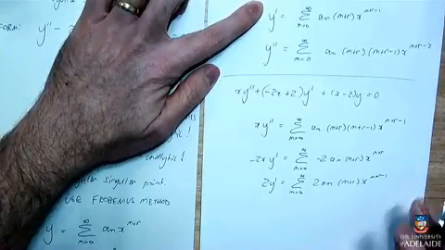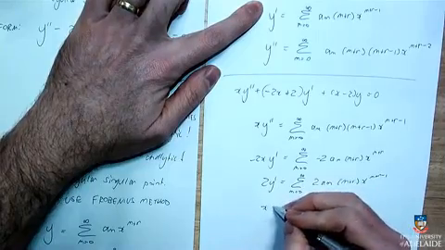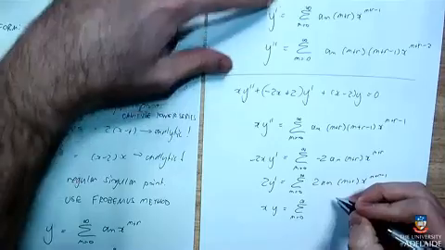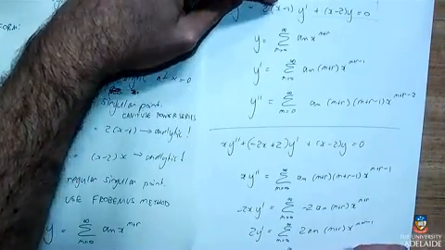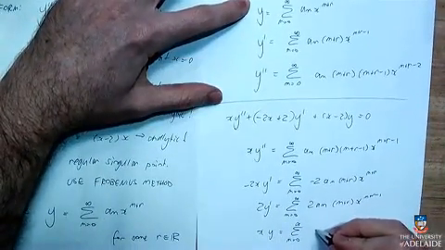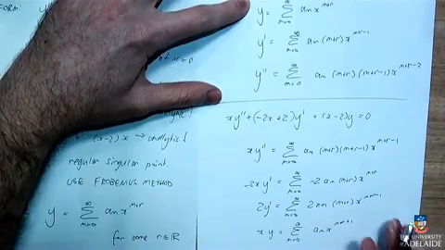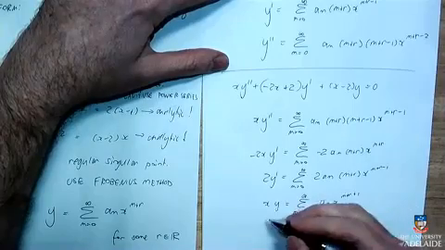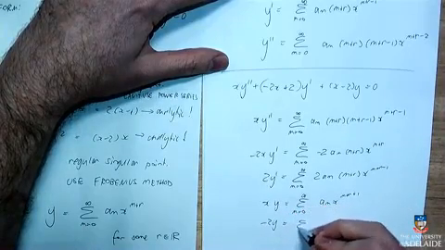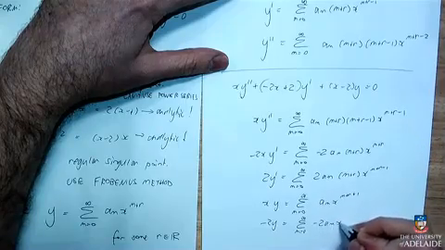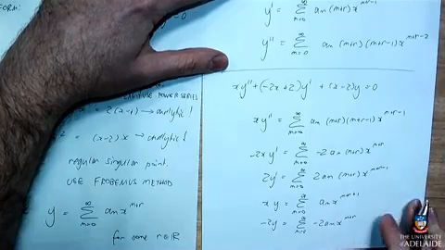Sweet. And then x times y is this. x times y. What's y? This. So a_m x to the m plus r plus 1. And finally, minus 2 times y is that.